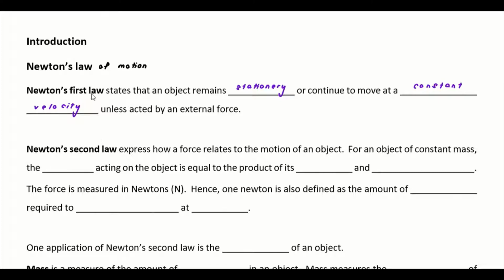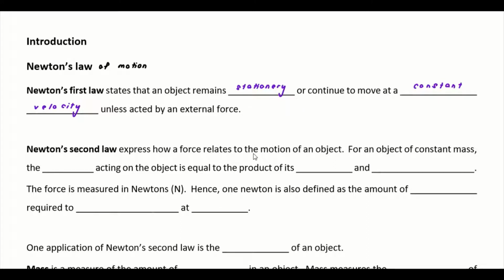Newton's first law of motion is basically an observation. There's nothing to tell you what the relationship between the force and the motion is. It just tells you that if there are no forces, then the object is stationary or moving at a constant velocity.